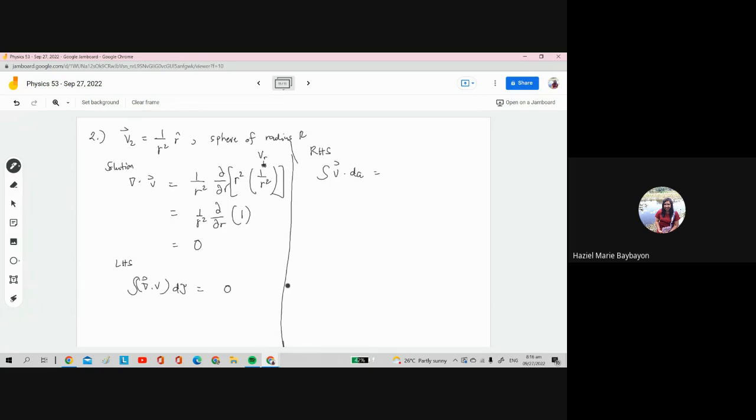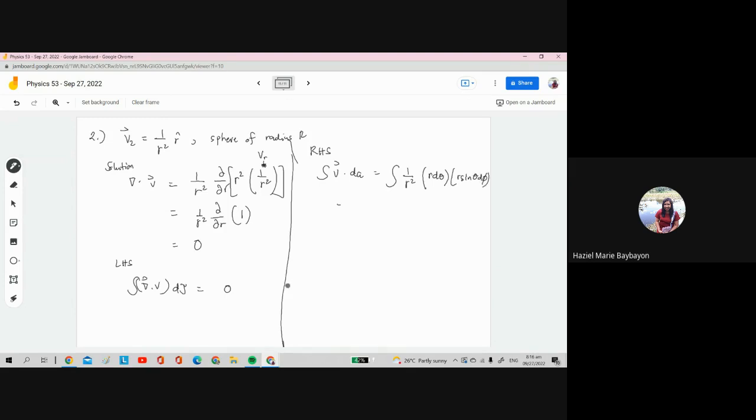All right, so your v is 1 over r squared. So you have the integral of 1 over r squared, and then your dA is again equal to r d theta, and then r sine theta d phi.